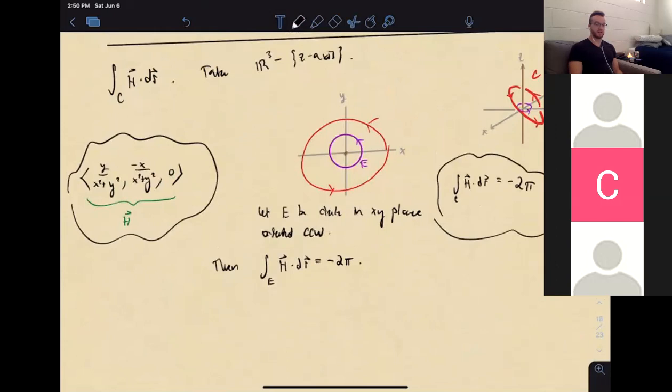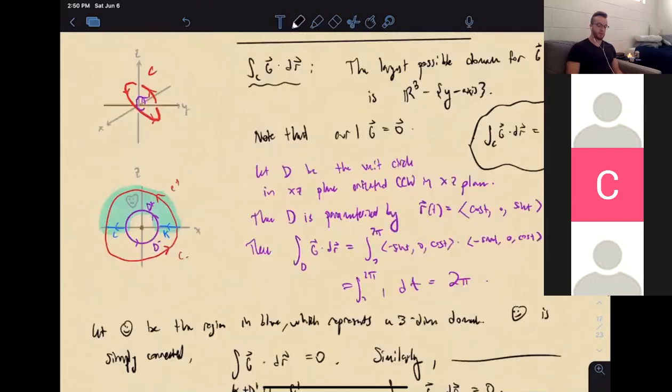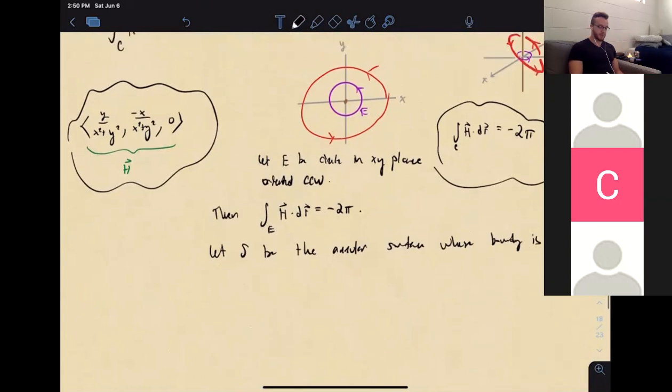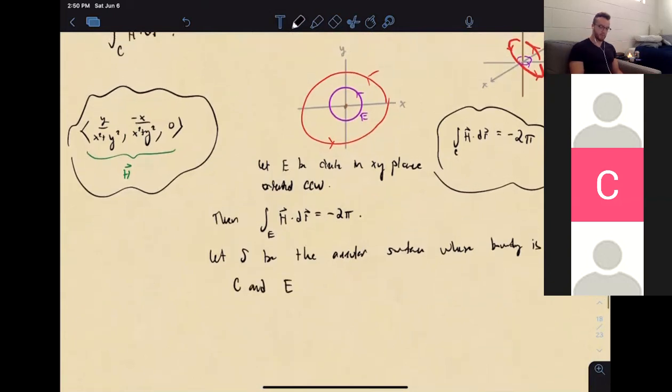And instead of doing all this annoying curve arithmetic stuff, if it were me, I would say, let S be the annular surface whose boundary is C and E. So what do I mean by that?